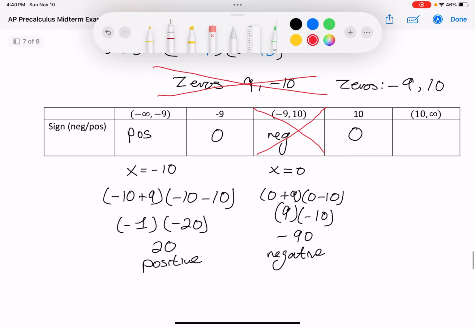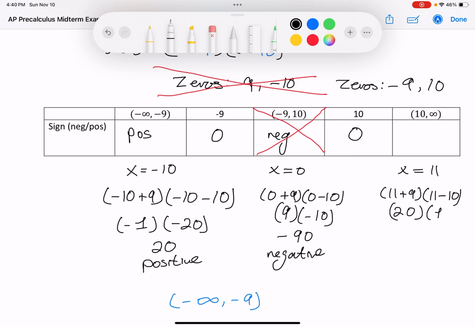So far, one part of our answer is going to be the interval from negative infinity to negative 9. Let's see if there's another part to the interval when we test the last piece. Let's choose x equals 11 because that's close to 10. So that's going to be 11 plus 9 times 11 minus 10. 20 times 1. That's 20.